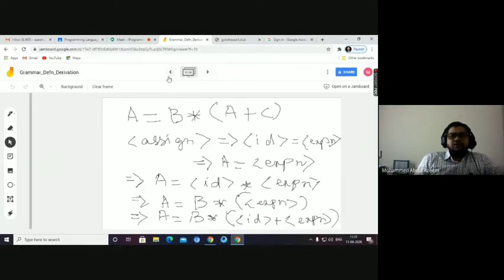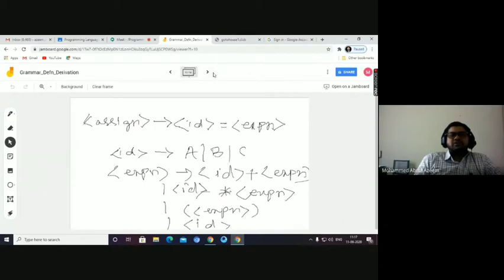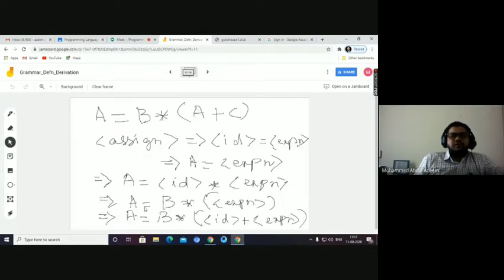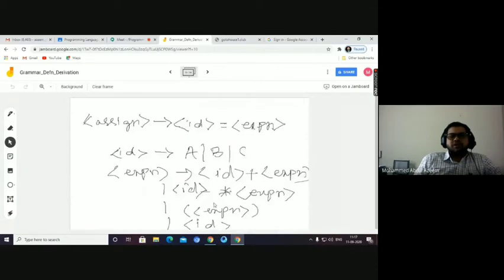Then A equal to, in place of this ID we have taken B in order to get this particular statement, into expression. Again, this expression has been expanded with this definition, expression enclosed in parentheses.